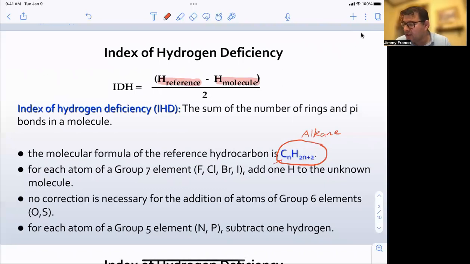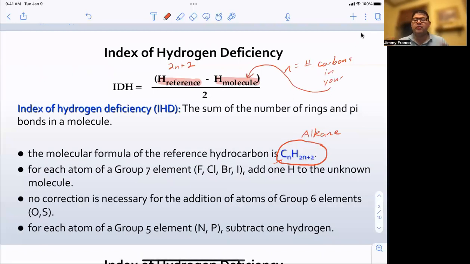Href is that number there. It's going to be the 2n+2. All right, so that's where we're going to get that number. n is going to come from the number of carbons in your molecule.